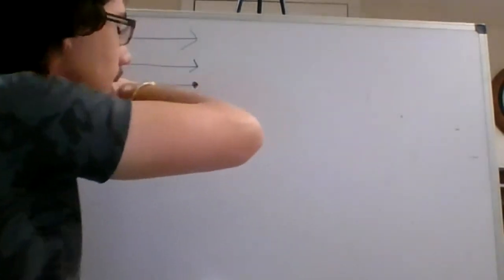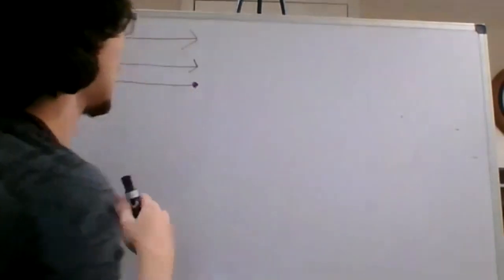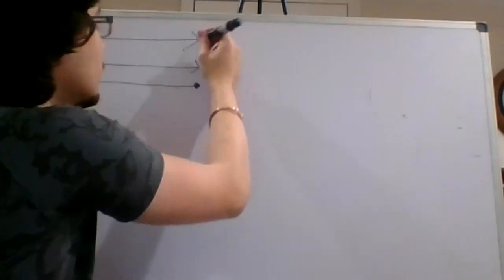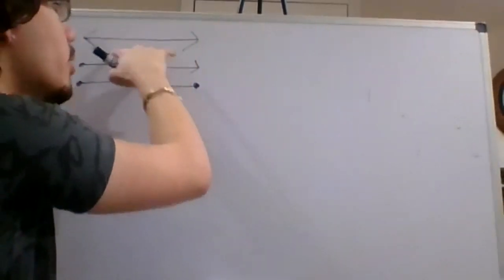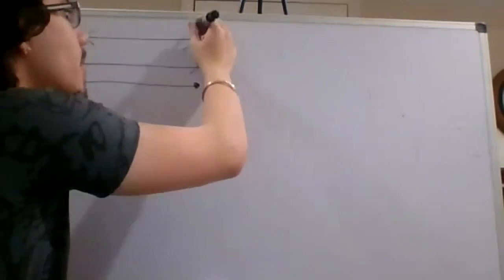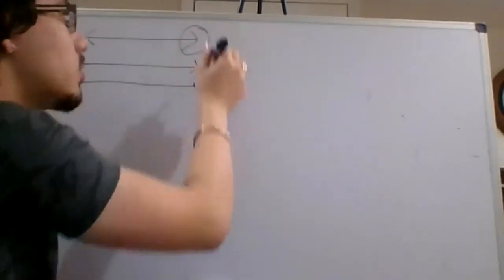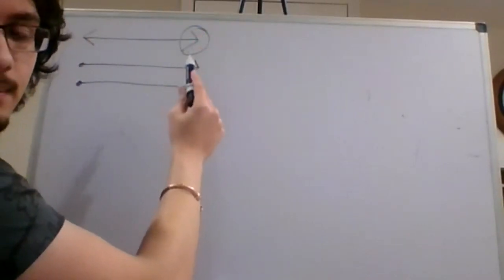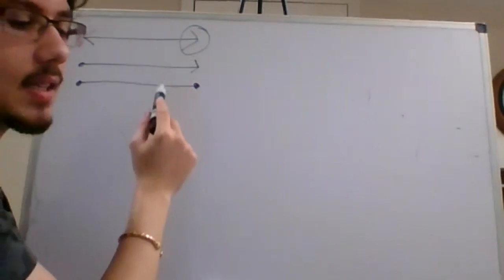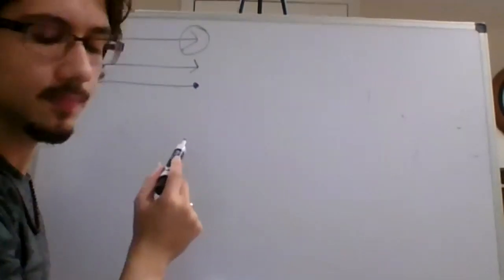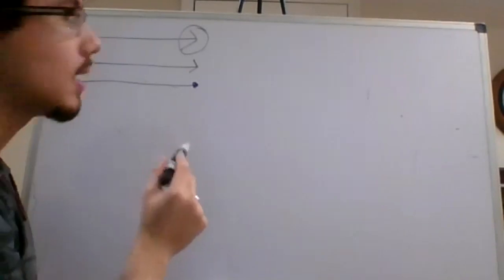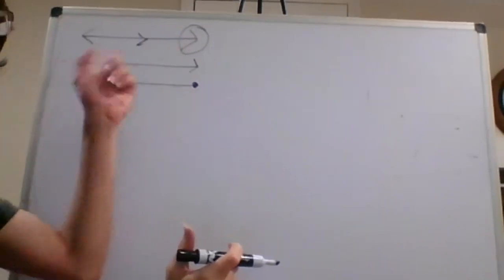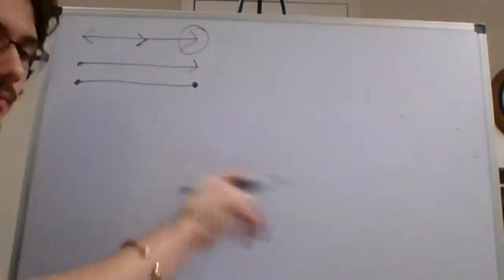So this top one, if you can tell, it has 2 arrows on both sides. Does anybody know what it means when you draw an arrow on a line? We did this when we were drawing our number lines. Parallel? Not quite. You're thinking of if the arrows are inside the lines. What does it mean if the arrows are on the end of the line?